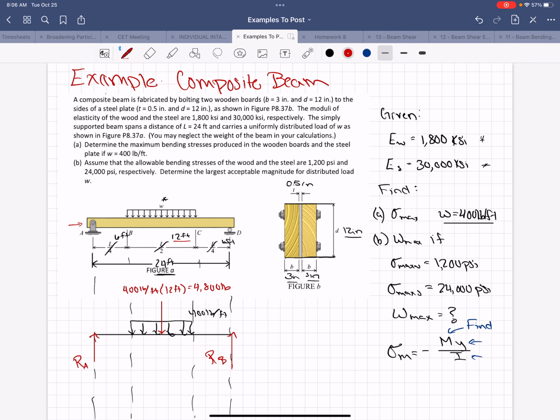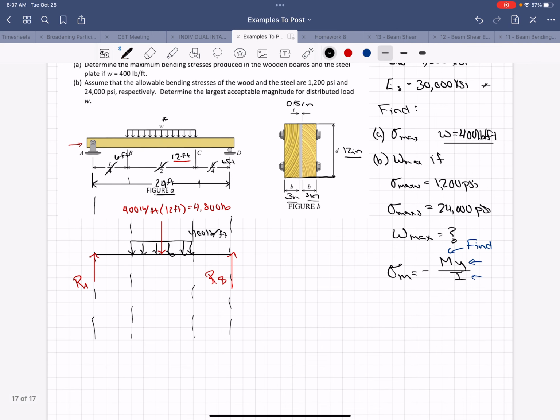Okay, so if we sum the moments about A, that'll equal 0. And so we'll get, this isn't B, this is actually D. We get RD times the whole length of 24 feet.